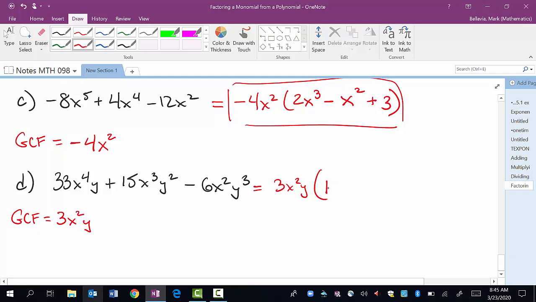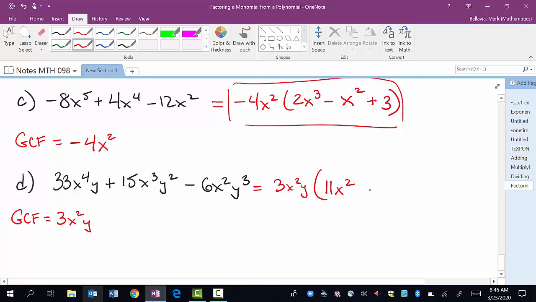33 divided by 3 gives me 11. X to the fourth, factoring out x squared leaves me with just x to the second. We factored out y from there, right? So y divided by y just gives you 1, so it's 11x squared for my first term. And then we move to the next term. A positive 15x to the third y squared, factoring out a 3x squared y means you're dividing it out.